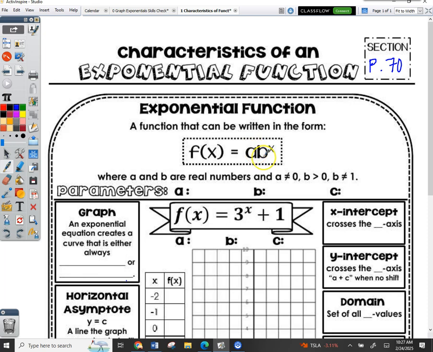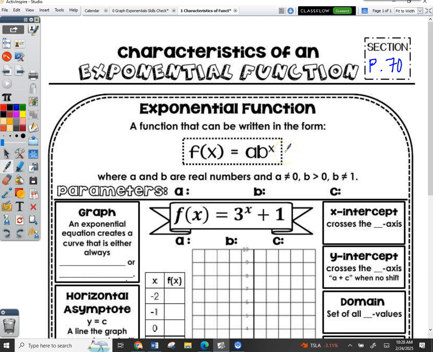If B were 1, if this was a 1 right here, raised to a power, what's 1 to the second power? What did you say? 1, because that's 1 squared, right? What's 1 to the third power? 1 to the sixth power. 1 to the 100th power.